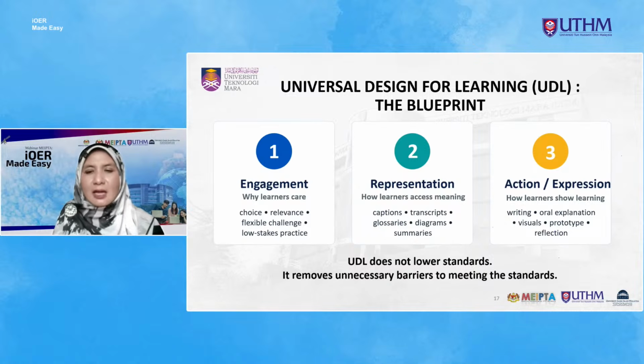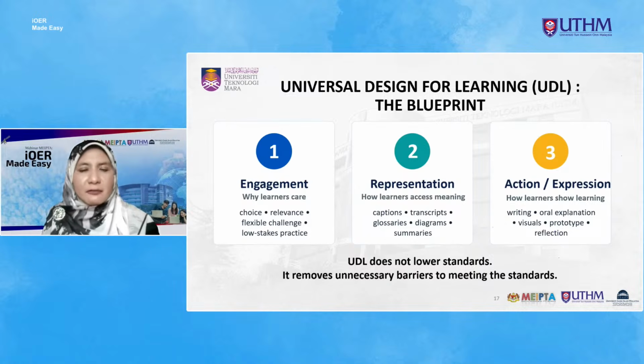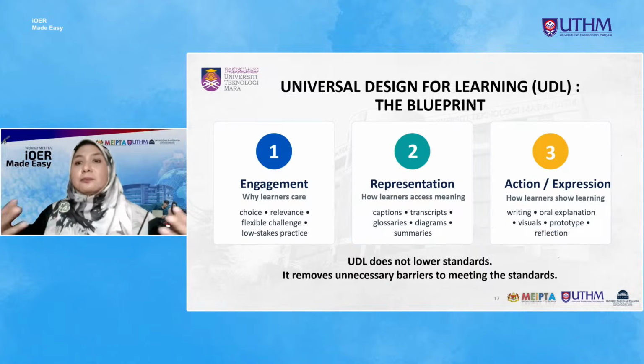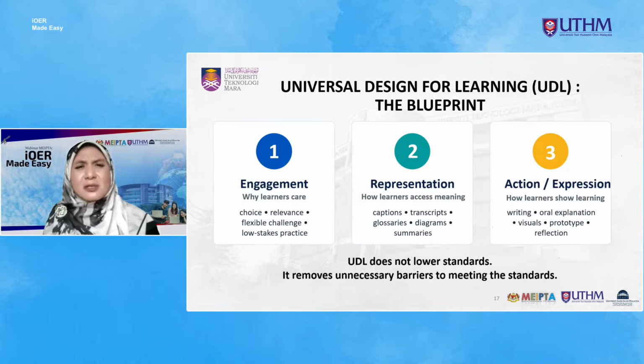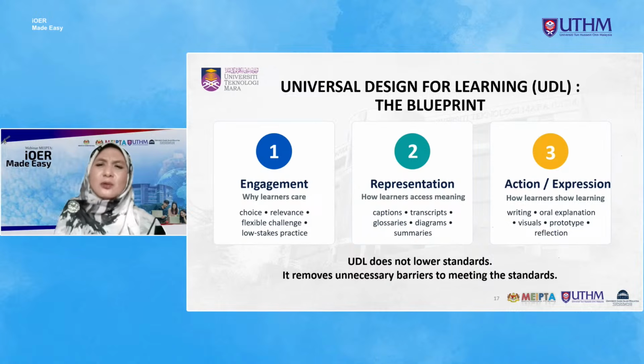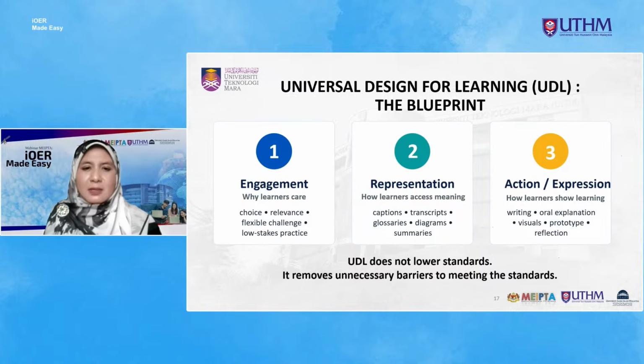Some may need to write, some are good at oral explanation, some are good at drawing, they love visuals, coming out with infographics and so on. Some build prototypes, some will reflect. So different learners will have different styles of learning, and we need to consider all these three elements.